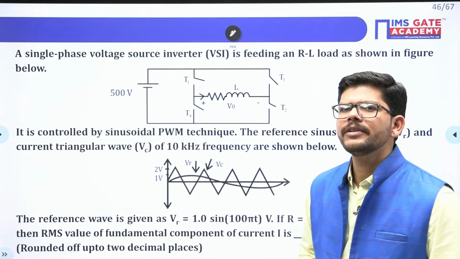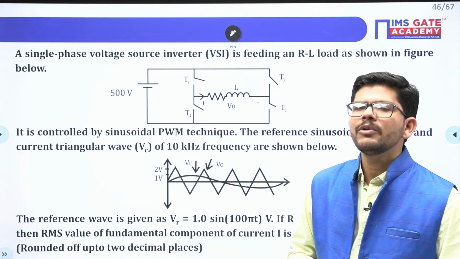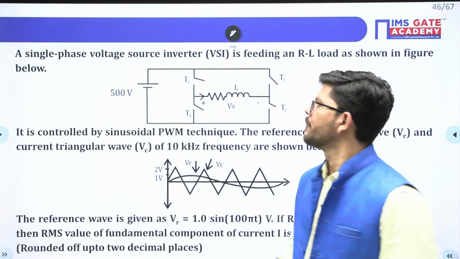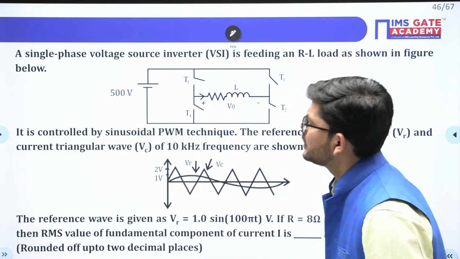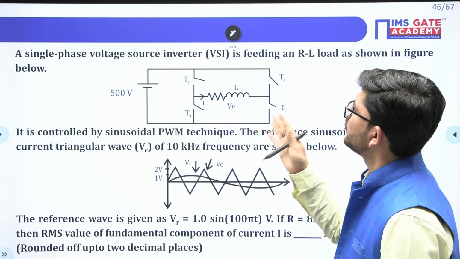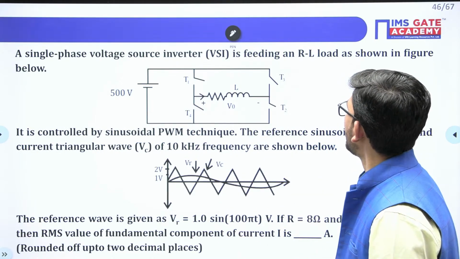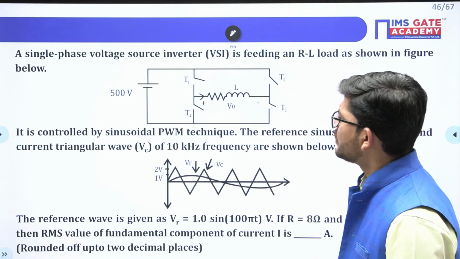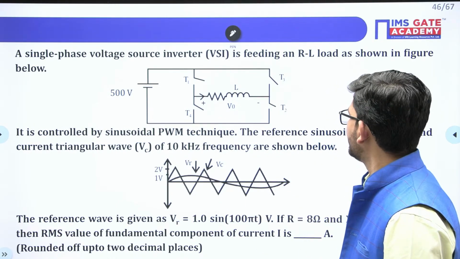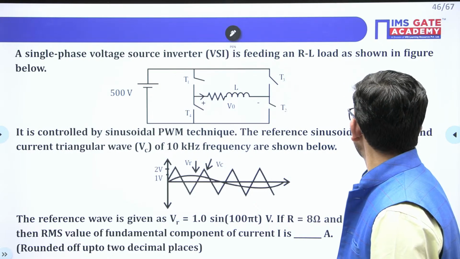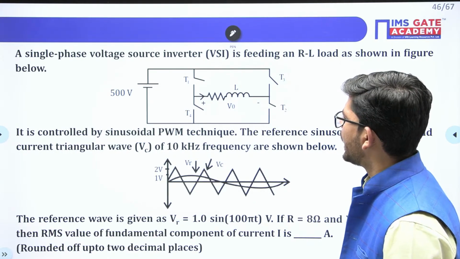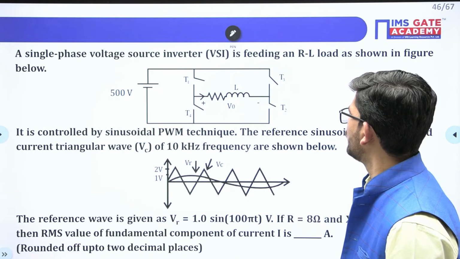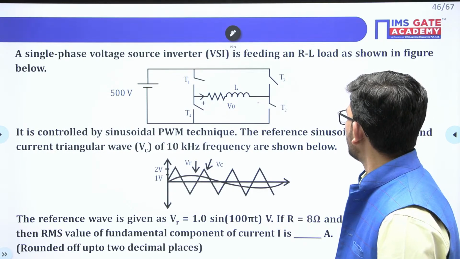Just read this with me, and I will tell you how you can approach these kinds of problems. What has been given in this problem is a single phase voltage source inverter feeding an RL load as shown in the figure. It is controlled by the SPWM technique. The reference sinusoid wave VR and triangular wave VC of 10 kHz frequency are shown below.